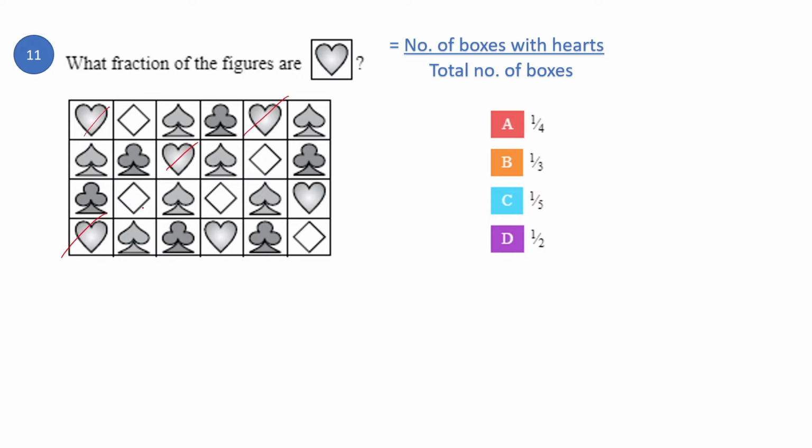The number of boxes with hearts, if you count, is 6, and the total number of boxes, 4 columns and 6 rows, 4 times 6 is 24. Now we divide each by 6, and the answer that we get is 1 by 4. So your answer is option A.